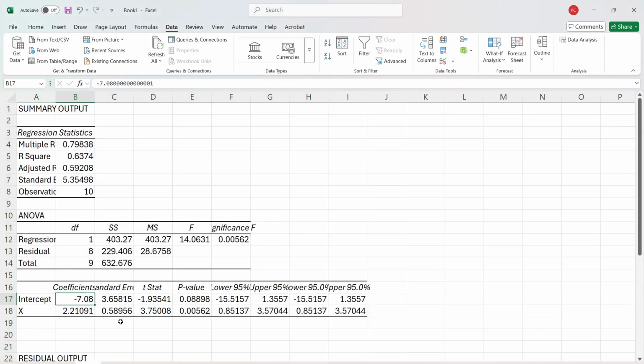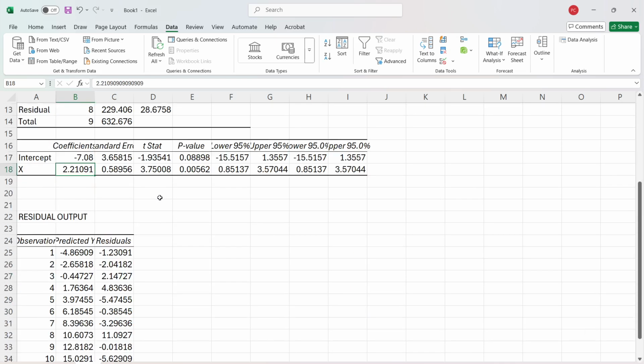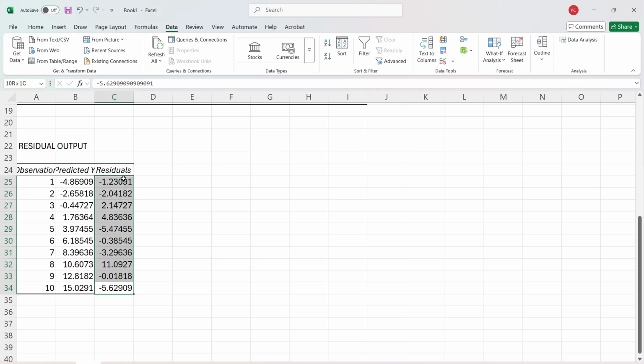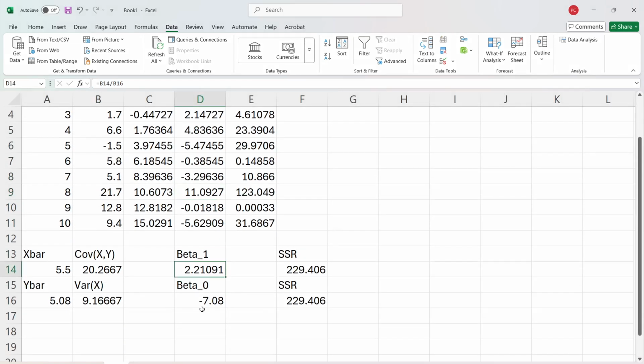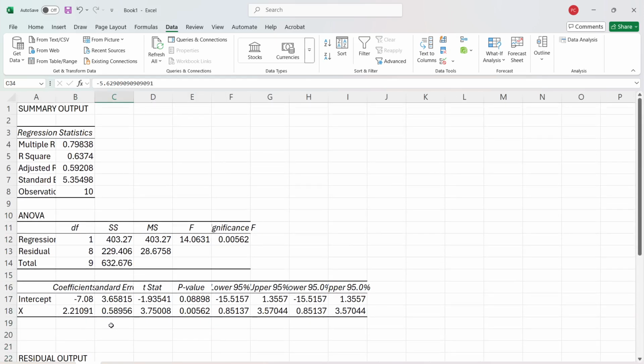My intercept is negative 7.08. My slope is 2.21. I've even got an R squared and a multiple R and all of the other fun things. And down here at the bottom, I see my residuals. I recognize this negative 5.62, 0.018, 11.09, 2.2109, negative 7.08. Sure enough, it's the same numbers.